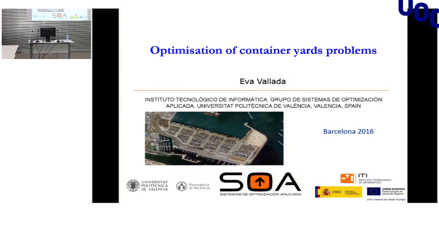They are related in a different way, but more or less to the same type of problem. They have been working on the pre-marshalling problem and have several articles on it. Belén and Christopher Esposito, a PhD student, are, I think, more focused on this problem, the pre-marshalling.